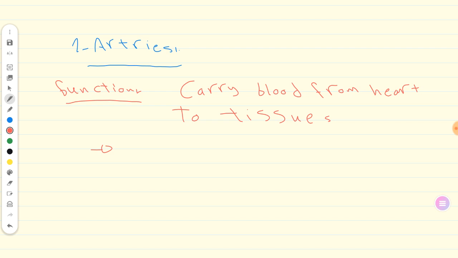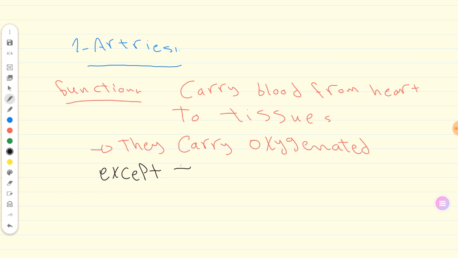They carry oxygenated blood except the pulmonary artery, which carries the deoxygenated blood to put it inside the two lungs for the filtration of the blood or exchanging of the kinds of blood.